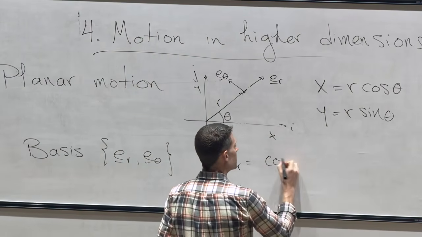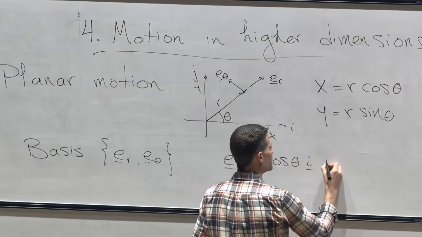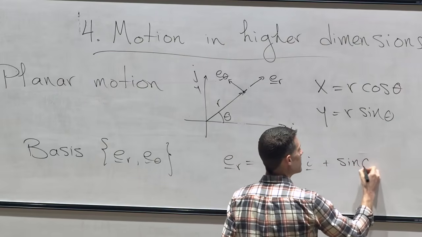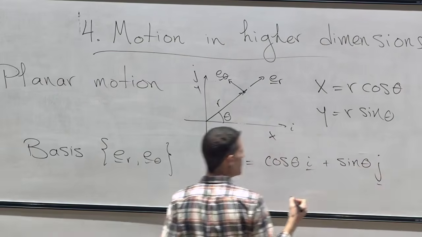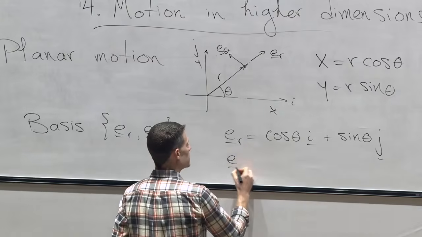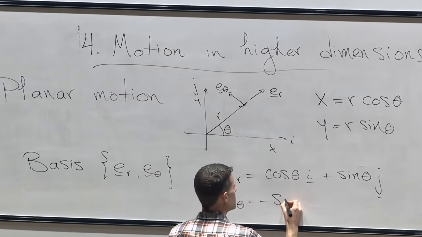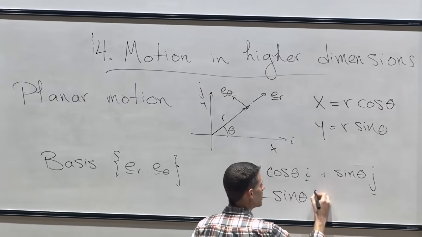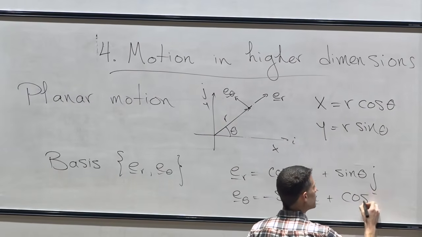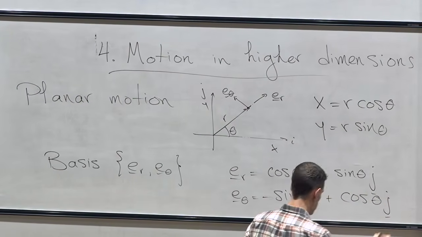Let's write it cos theta i plus sin theta j, and e_theta is minus sin theta, cosine theta.